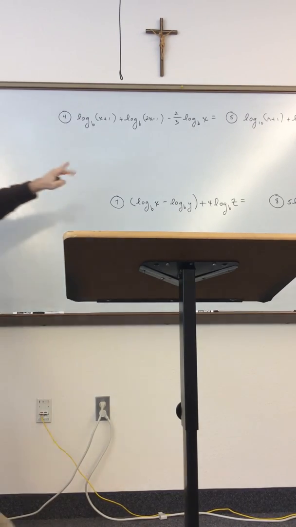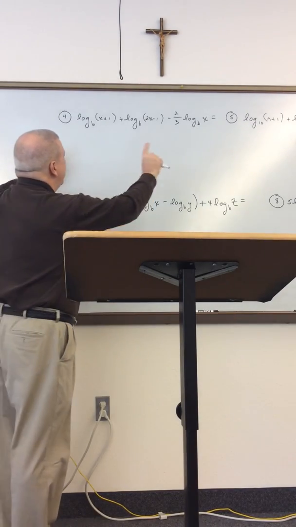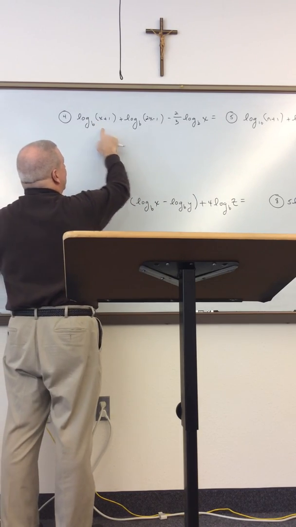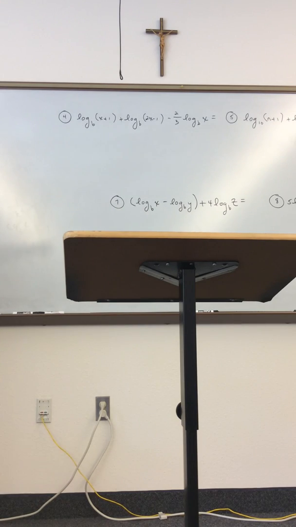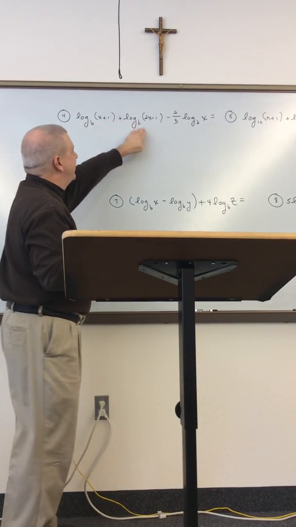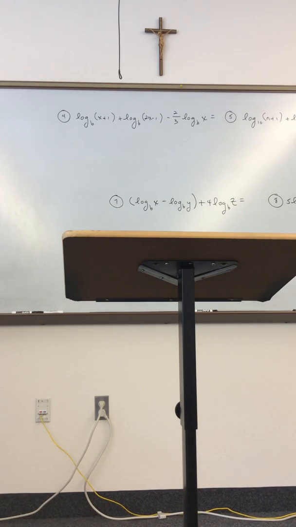Now, some of these are going to get a little bit more involved. Now, what's these two first? Be careful here. You got the log of something plus the log of something. Where'd that come from? What'd that mean? Where did it come from? Joe?